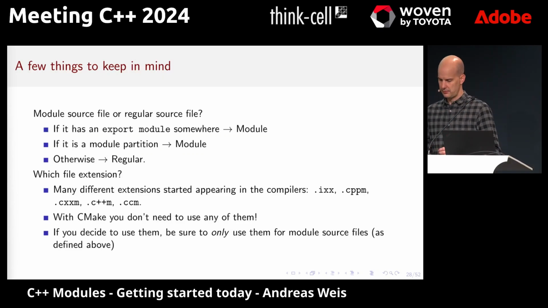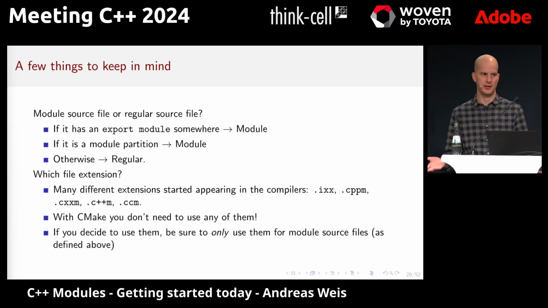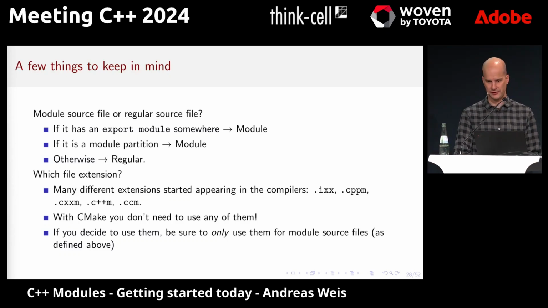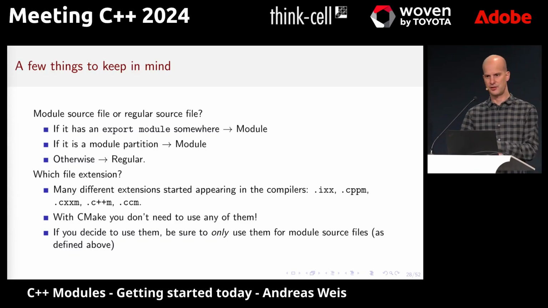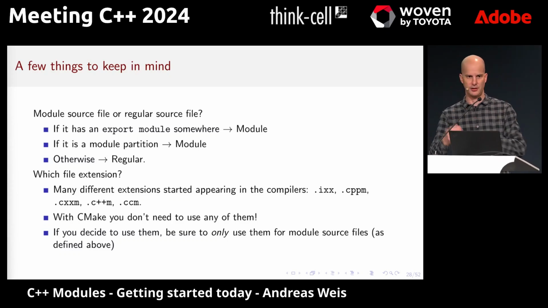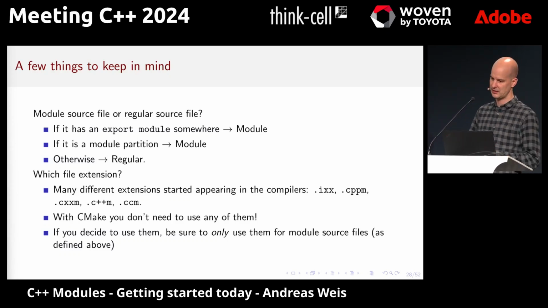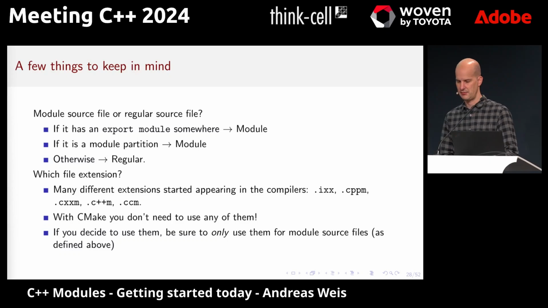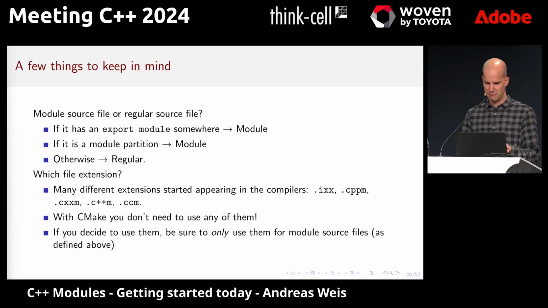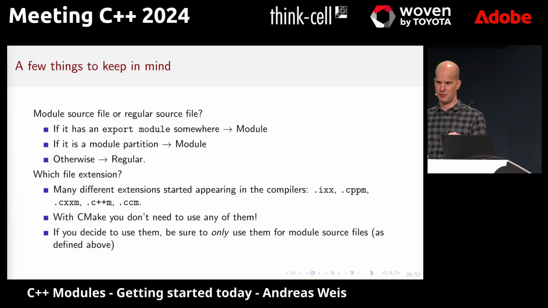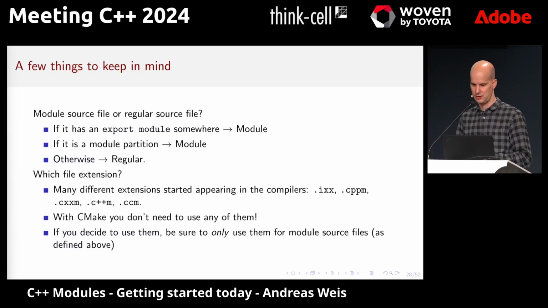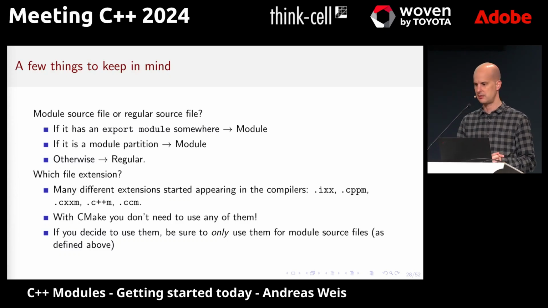Another question that you will probably come in contact with quite early is which file extension to choose. When the feature first started appearing, compilers started introducing loads of new file extensions, usually all incompatible between different compilers. So here are some examples of what we got there. By now, things are starting to get mostly uniform; at least Clang and GCC seem to agree on which file extensions to treat as module file extensions.